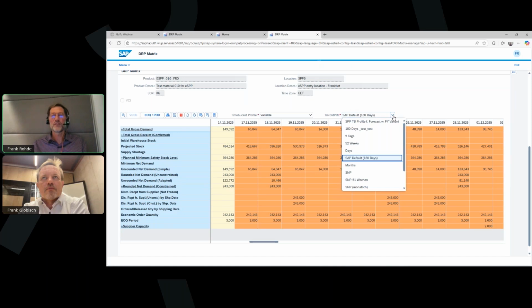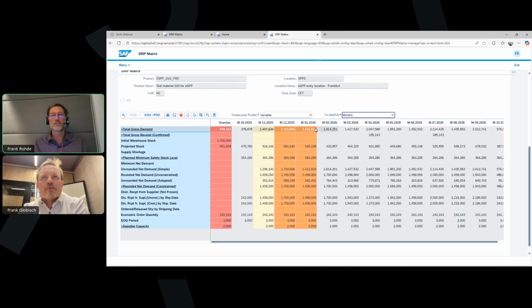That looks a little bit different when we switch to monthly buckets. And I'm going to tell you why, because here in April and in July next year, we see, oh, there is a confirmed receipt. Where does this come from?